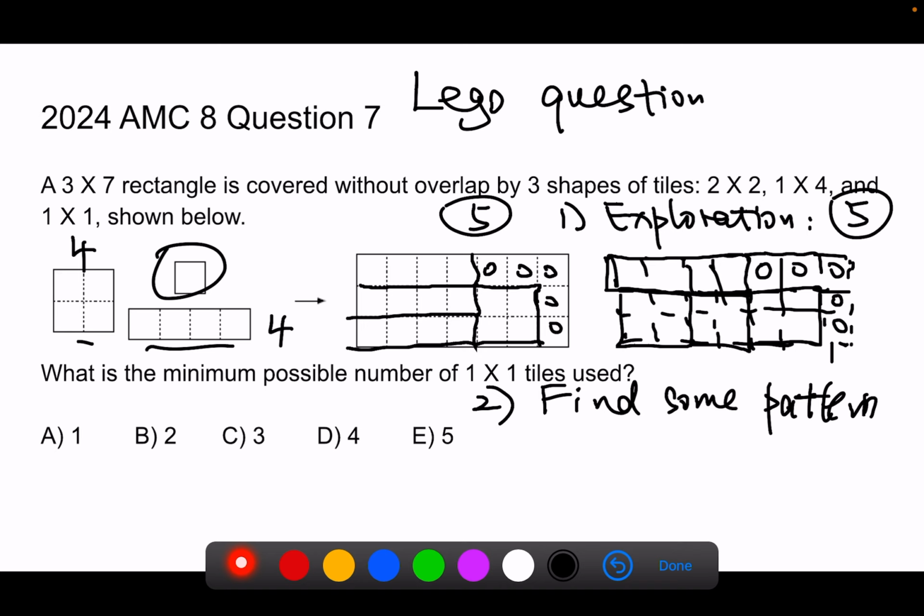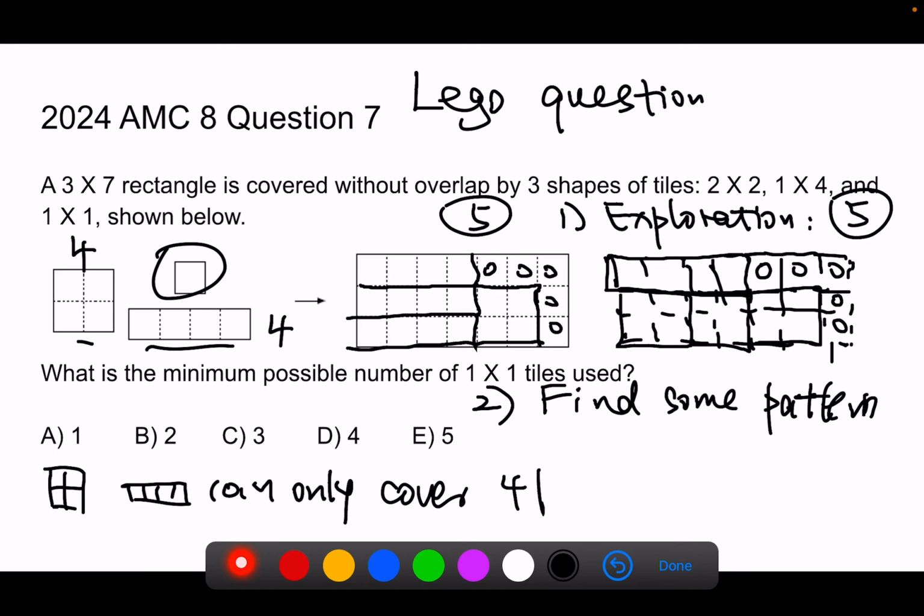So that means if you use 2 by 2 and 1 by 4, you can only cover 4 times something squares. And I don't care how you put them. You can put them in any way you want. But in the end, you either cover 4 squares, or you cover 8 squares, or 12, or 16, or 20.